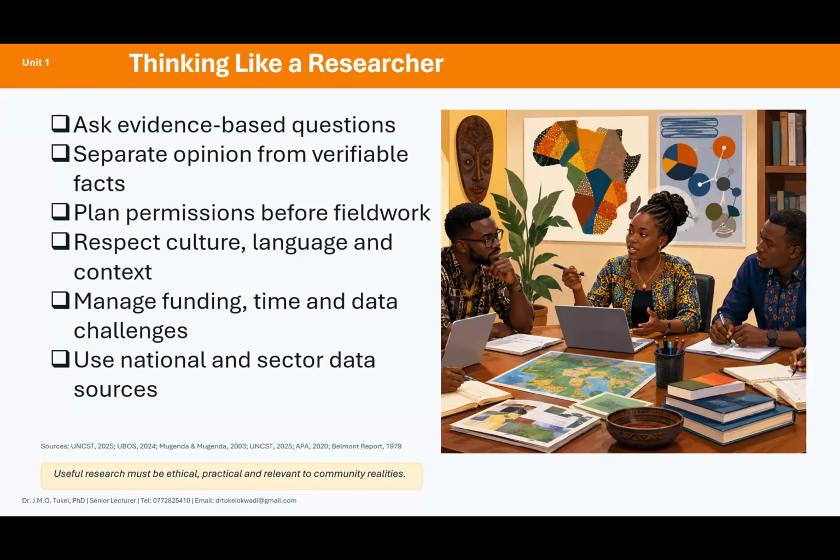A student studying service delivery across all districts may lack the resources to collect reliable data. Narrowing the study to selected districts or one institution can improve feasibility without destroying reliability or even relevance.